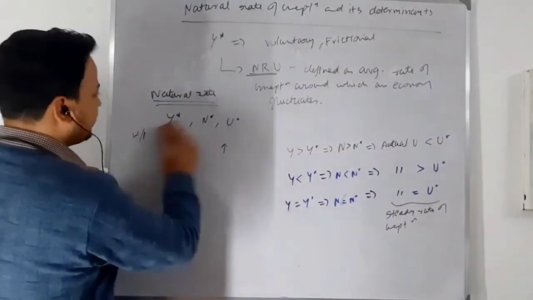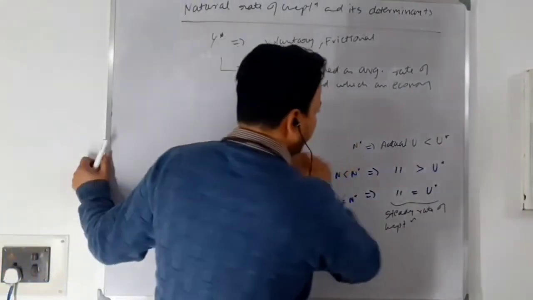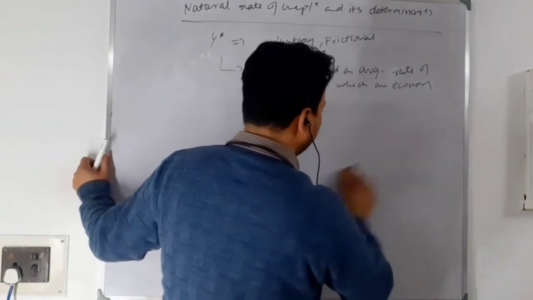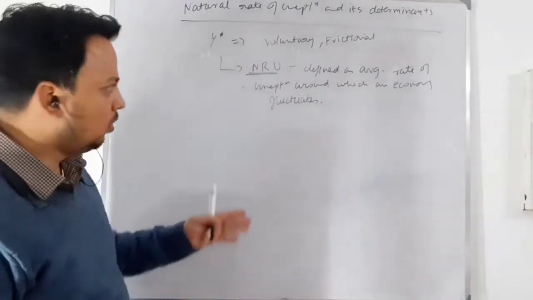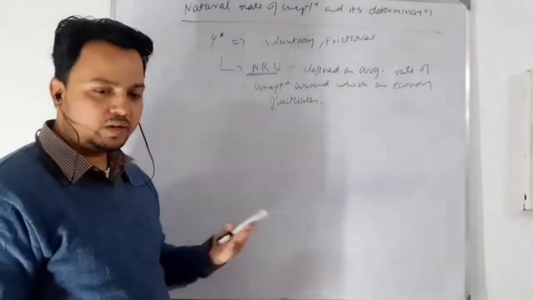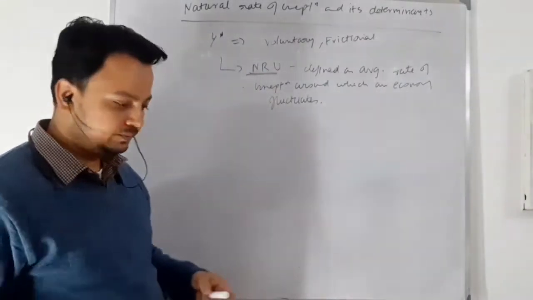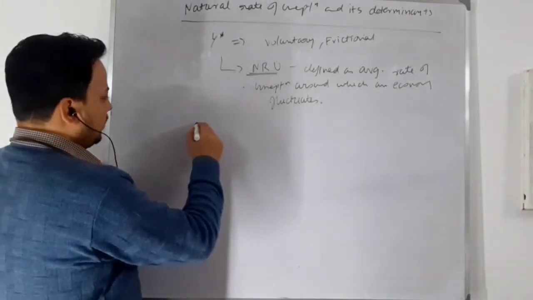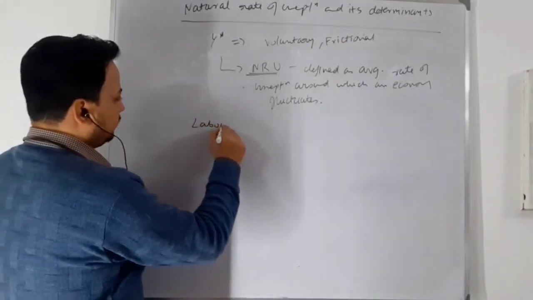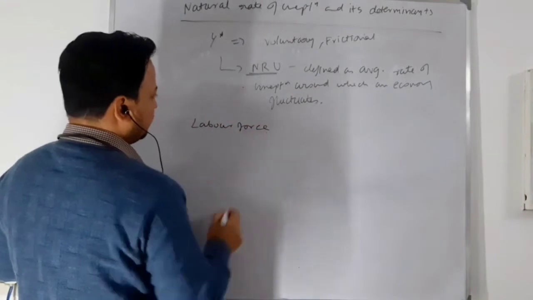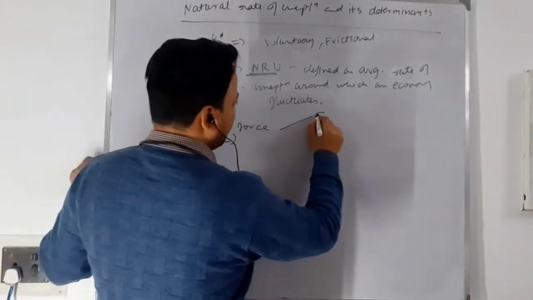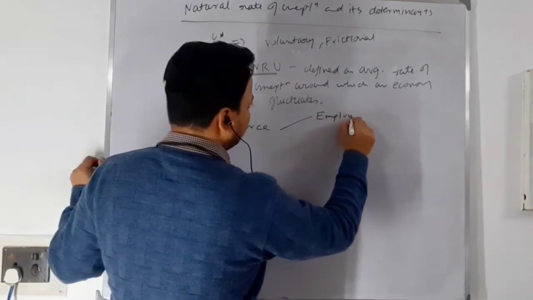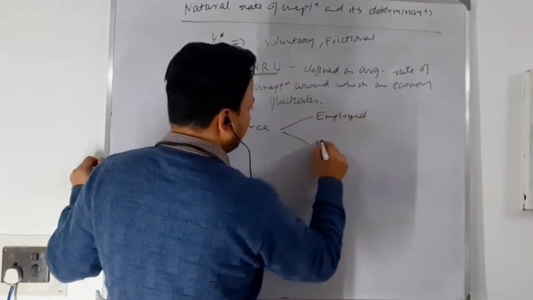Now, if this part is clear, let me develop a simple model to discuss what this natural rate of unemployment basically means, or on what factors this natural rate of unemployment depends. So labor force, denoted by N. There will be some labor force that will be employed and some will be unemployed.